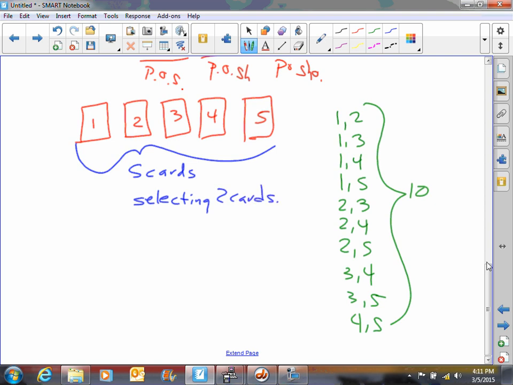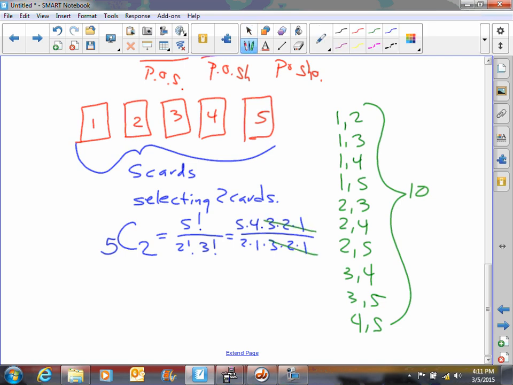The number of ways it can be done is 5C2. Now, that would be 5 factorial over 2 factorial, 3 factorial, which is 5 times 4 times 3 times 2 times 1 over 2 times 1 times 3 times 2 times 1. Now notice the 3 times 2 times 1s cancel out, and the 2 will cancel with a factor of 2 and the 4, leaving 10.